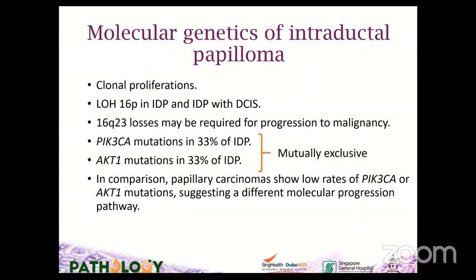Losses in 16q23 may be required for progression to malignancy, and it's been found that PIK3CA mutations in a third of intraductal papillomas and AKT1 mutations also in a third tend to be mutually exclusive. In comparison, papillary carcinomas show low rates of PIK3CA or AKT1 mutations, suggesting a different molecular progression pathway.